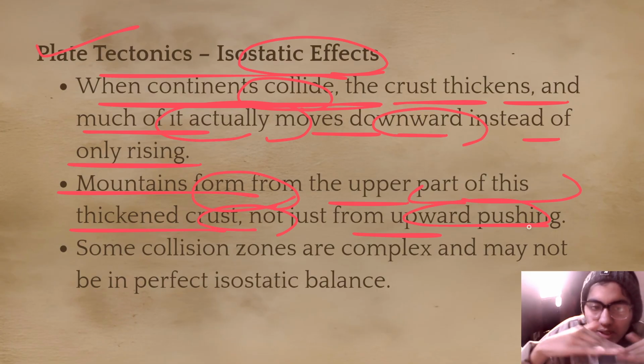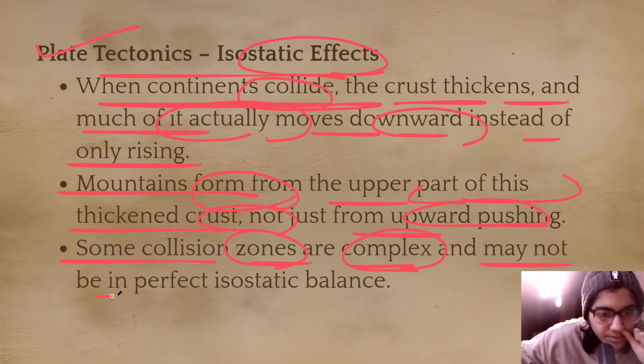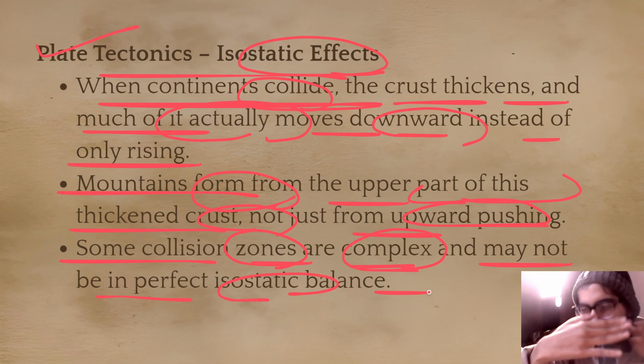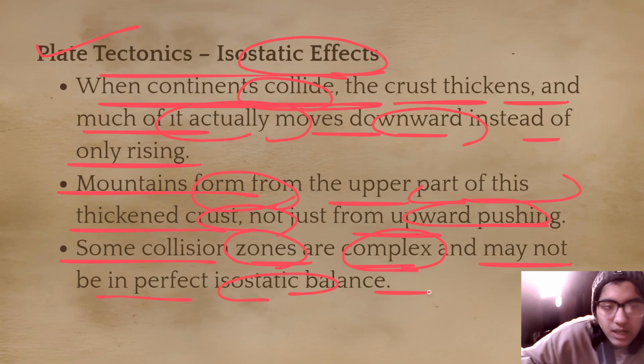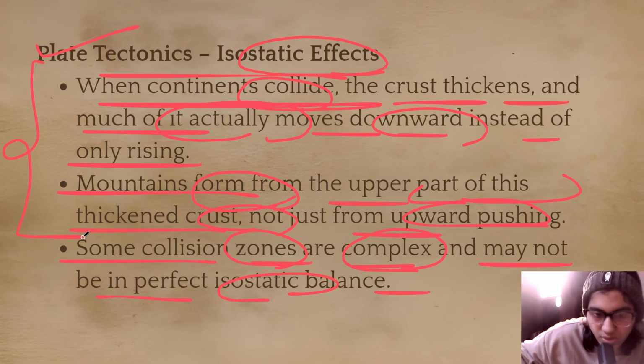Some collision zones are complex and may not be in perfect isostatic balance. In some places, these collisions are way more complex. You just can't fit everything into these above scenarios.